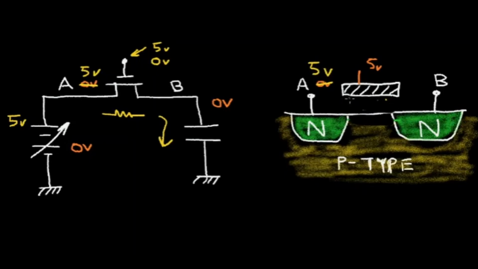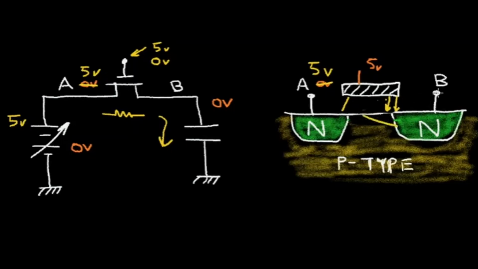Now we have essentially 0 voltage here, so the electric field is essentially non-existent here. But as this B terminal, if it's initially at a low voltage, we have a very strong electric field here. We form a channel and we get current conduction.